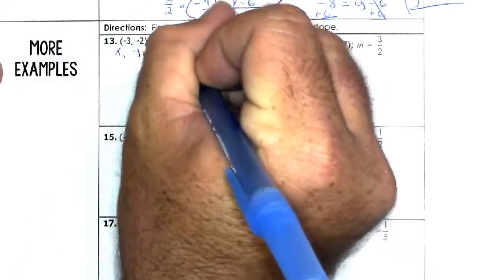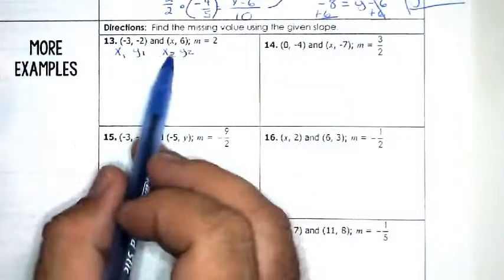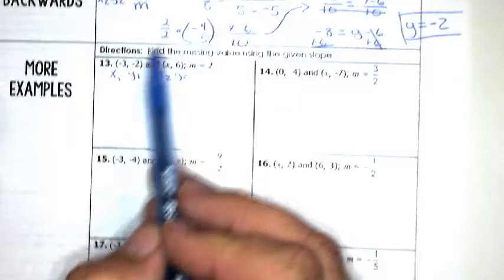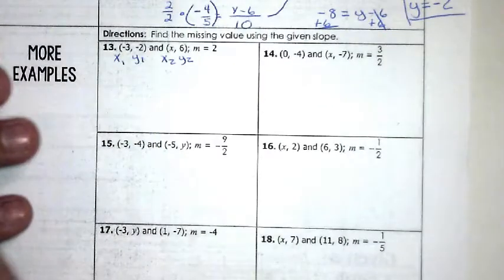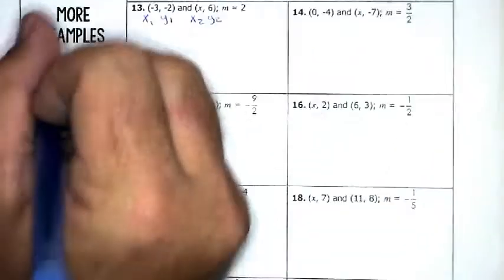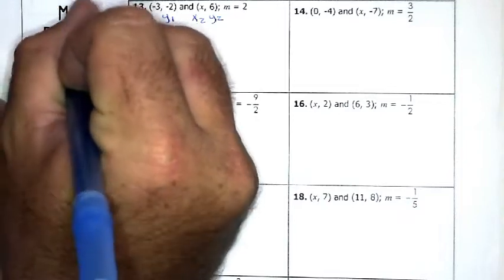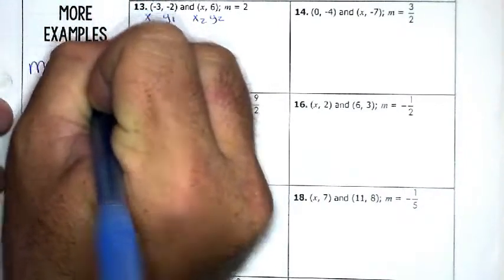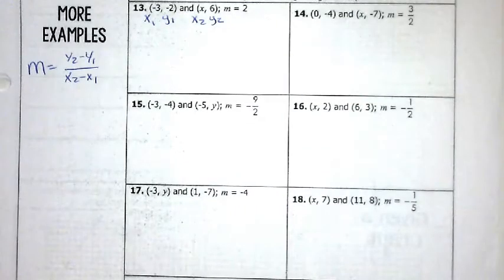Remember that the equation, m equals y2 minus y1 over x2 minus x1. Okay? No, you don't have to have this memorized. It's on the formula charts that you get on the STAR test. My formula charts for my class are right over there by the calculators. Those green sheets of paper by the calculators. So when we're done with this, y'all can all go grab it so you have that in front of you when you do your homework. Okay? Get used to grabbing those from here on out.